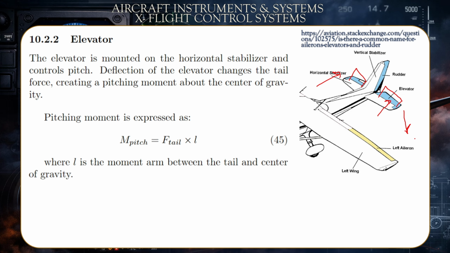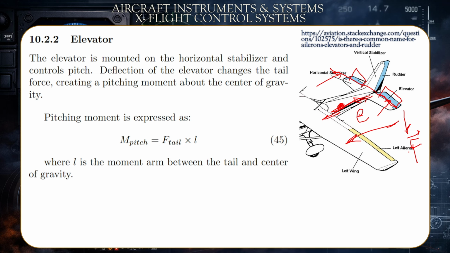That would create a moment equal to F, the force exerted against the tail, multiplied by L. L is the distance between this line at the elevator and the center of gravity of the aircraft, which would be somewhere here. Actually, it would be at the front, close to the engine, because the other parts are not so heavy. So L would be somewhere here. That would be the L distance.